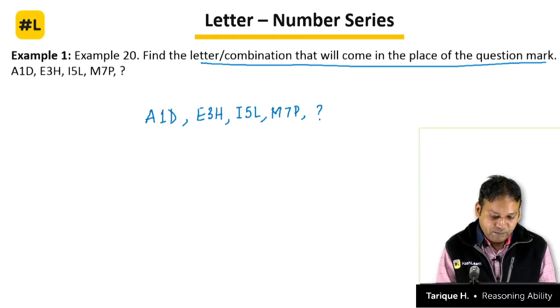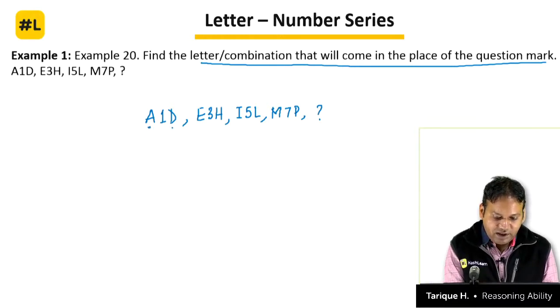Let's say in this example we have A and D here. What is missing in between them?